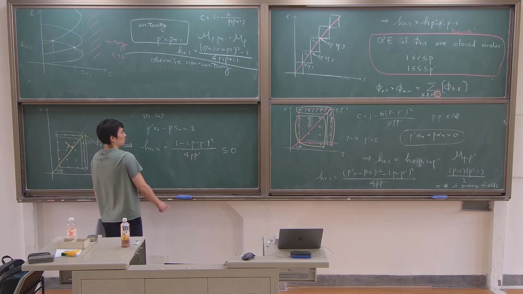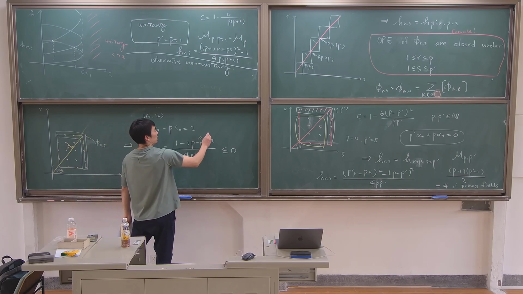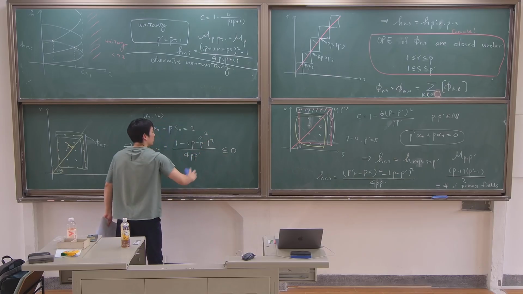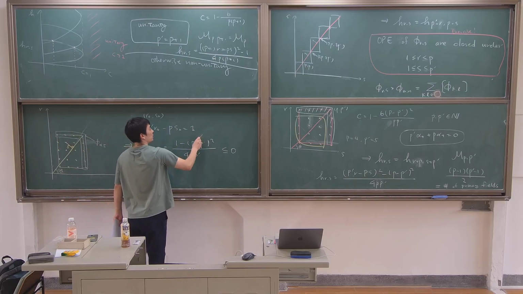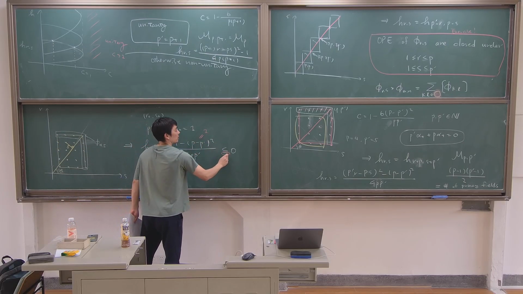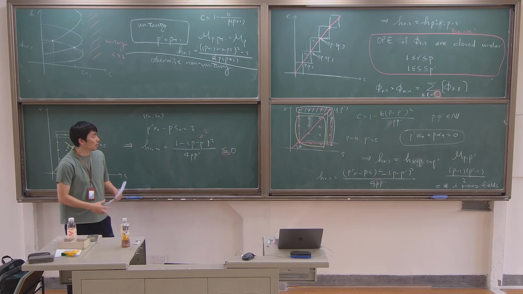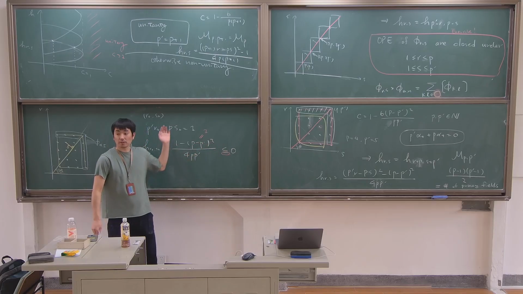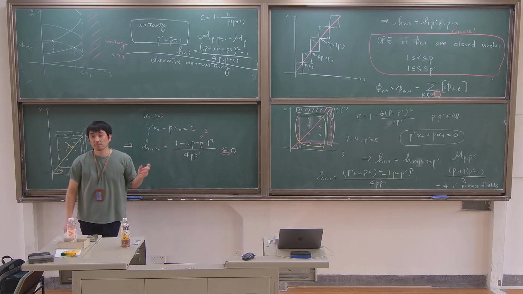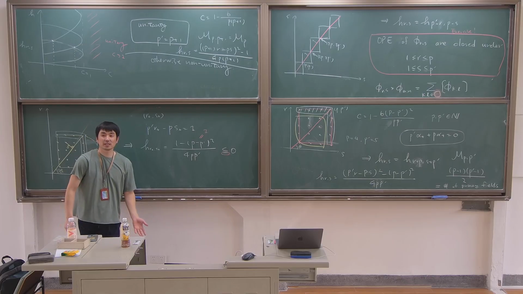So when this one is equal to 1, this equality is satisfied. But otherwise, for a different pair of P and P prime, you get a negative number. Conformal weight negative means that there exists a negative norm state. Okay? So therefore, non-unitary.